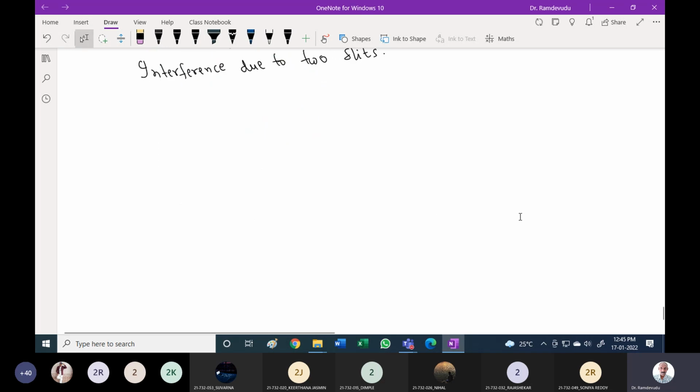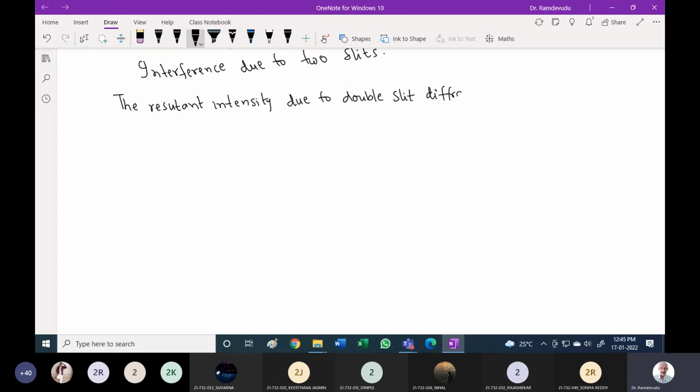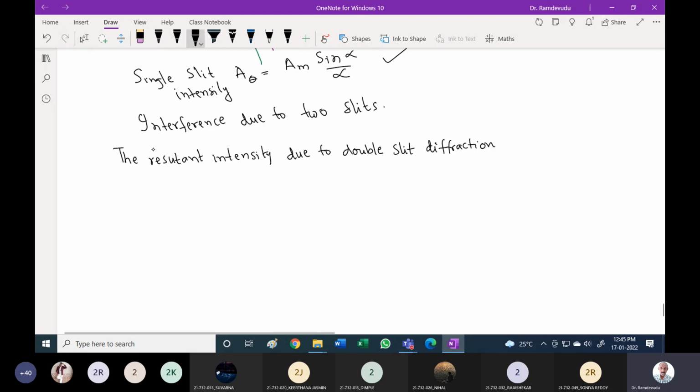Therefore, the resultant intensity due to diffraction, due to double slit diffraction, should contain single slit pattern plus interference. It contains diffraction due to single slit, and it's a product of this actually.